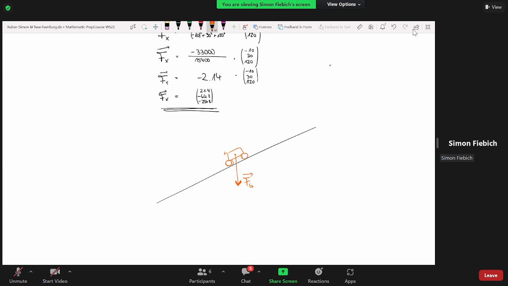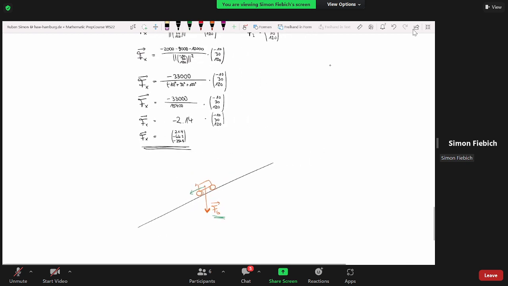This pulls down, and in order to determine the force which pulls the vehicle down the hill, you would have to split up the weight, so the Fg, in two different forces. So you have to determine the component of the force Fg which points in the direction down the hill, in the direction of the green arrow. That's a very common thing where you apply this splitting of forces.